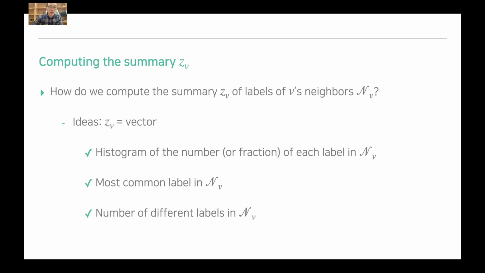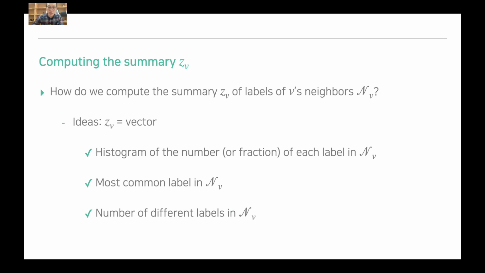So for getting the summary Z_V from neighbors, we can utilize multiple ideas. For example, we can utilize a histogram of the number of each label, because by looking at the neighbors, we don't expect they all have the same label.